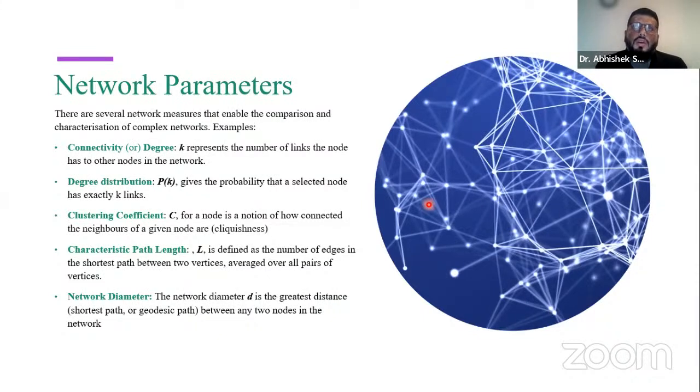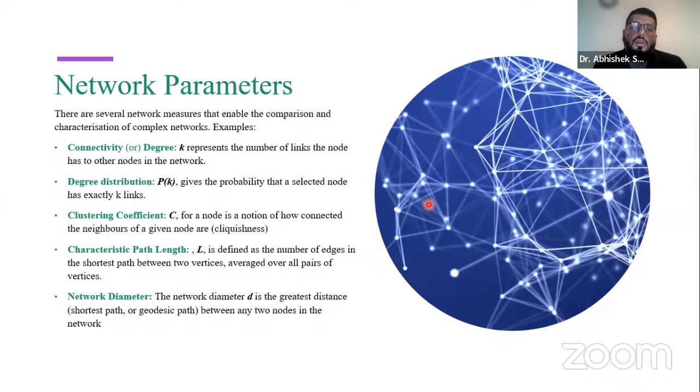There are a huge number of parameters. We have a whole book by Albert Barabasi, where he has explained many of these network properties or parameters, and every parameter gives you different meanings and different inferences, which you cannot solve at the molecular level or at the singular level.